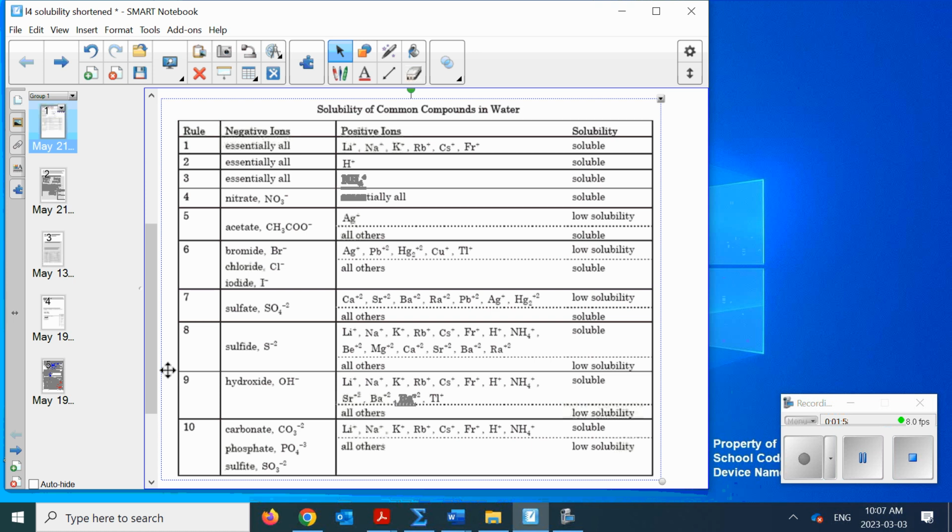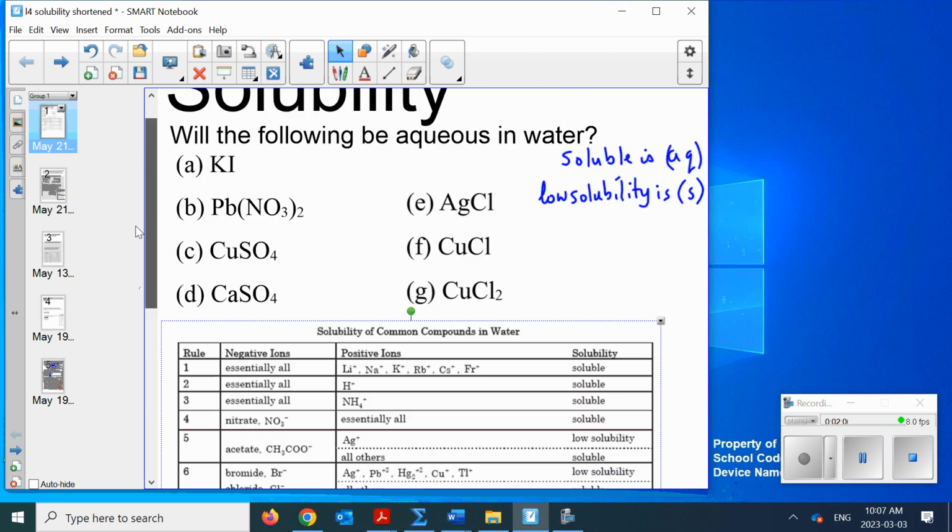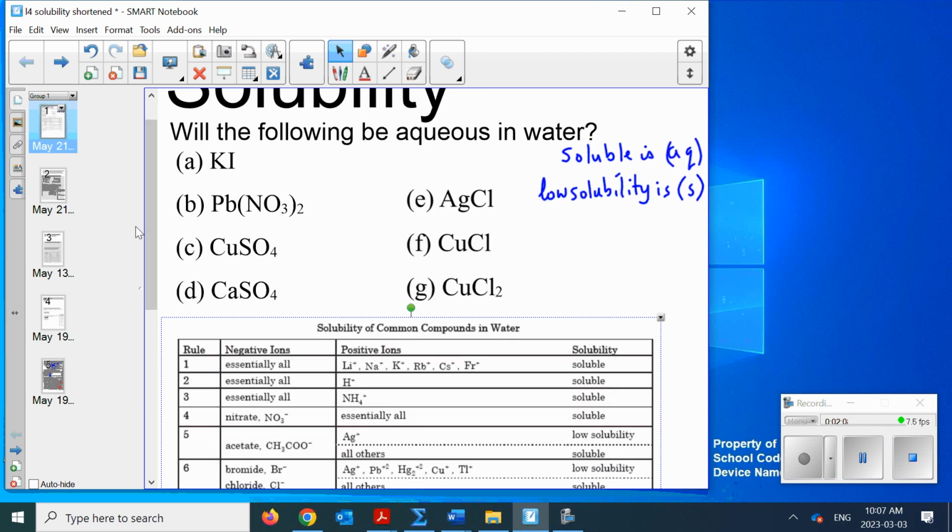Okay. So, on the top of your handout, the one that you'll use in tests, write down what I have in blue. Soluble is AQ, aqueous. It means it dissolves in water quite easily. Low solubility, we'll say bracket S, it's a solid.